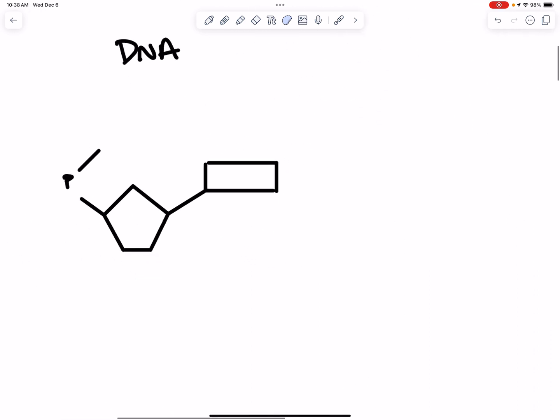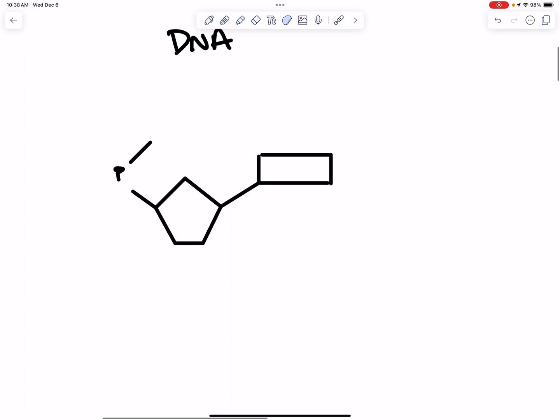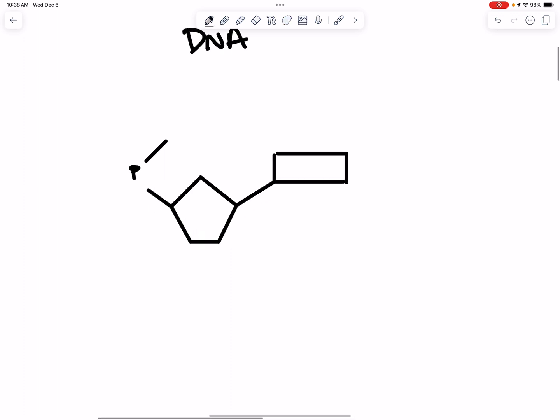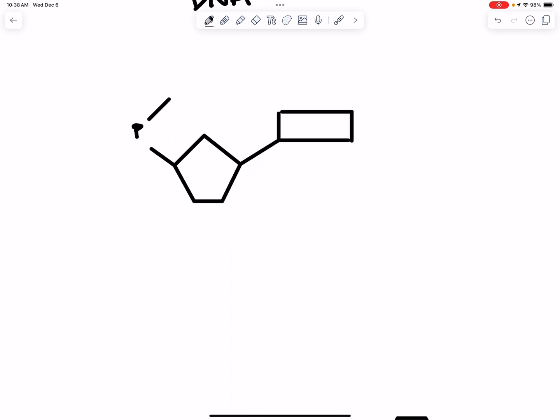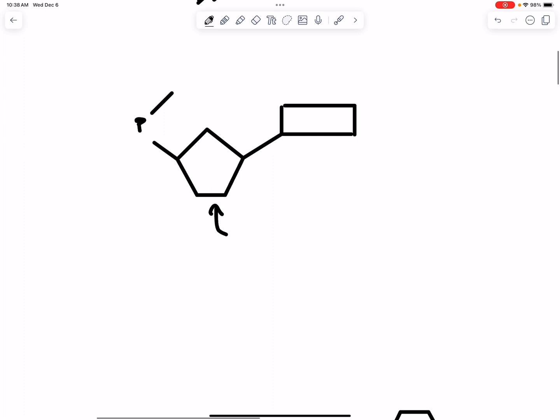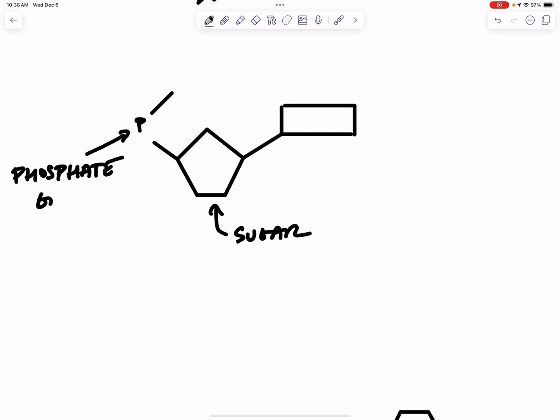This is an example of one DNA nucleotide. It has a couple different important pieces to it. Number one, it's composed of a 5-carbon sugar. Number two, it has a phosphate group. And number three, it has a nitrogen base.